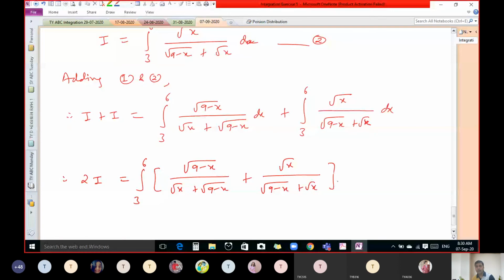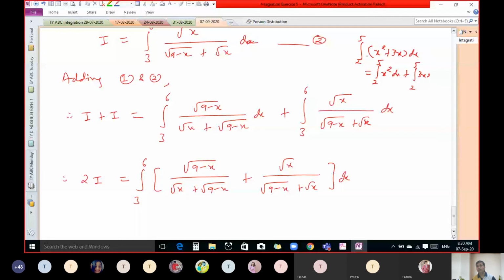See, we know this thing. If it is a question like the integration of x square plus 3x dx, you can write this equal to the integration of x square plus the integration of 3x, whatever the range, 2 to 5. Here your range is 2 to 5, so you write 2 to 5 in both.